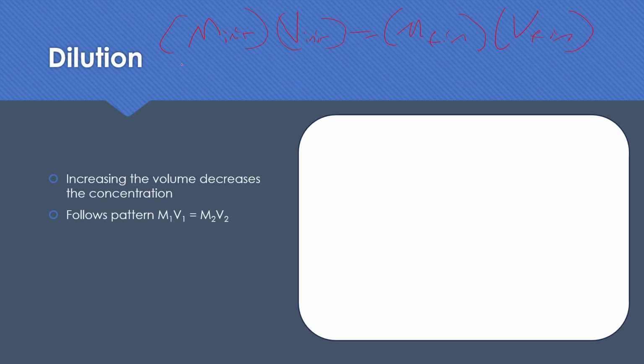So given three of these things, you can find the fourth. The units need to be the same on both sides, but unlike most calculations with molarity, molarity is always going to be in moles per liter, so that doesn't really matter. But the volume could be in liters, milliliters, or microliters, as long as it's the same on both sides.